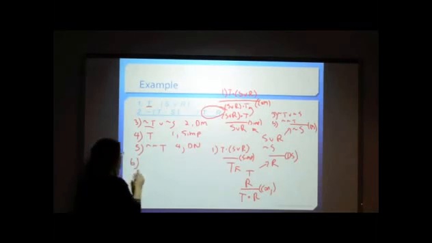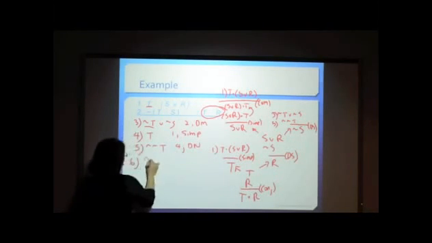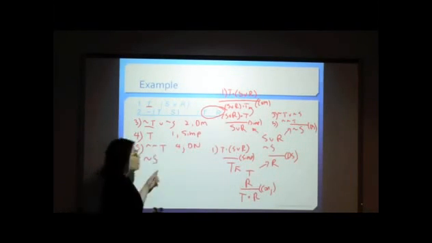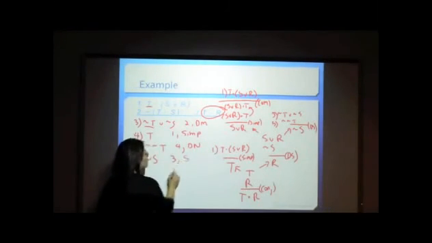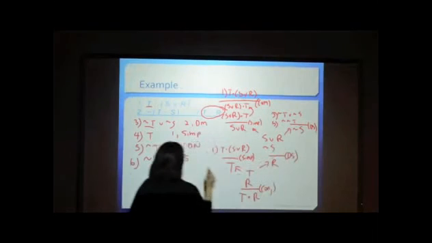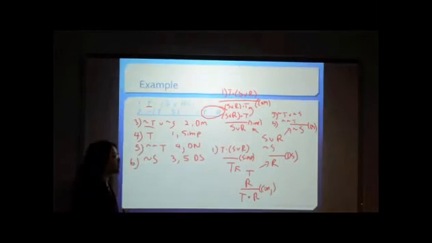So for line 6, I'm going to write my conclusion, which is not S, okay, and I got not S from 3 and 5, okay, using disjunctive syllogism. Okay, so that will be my justification.